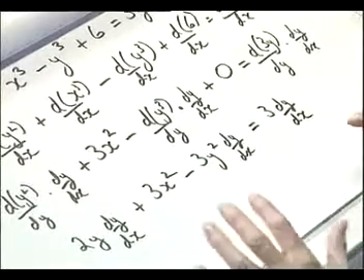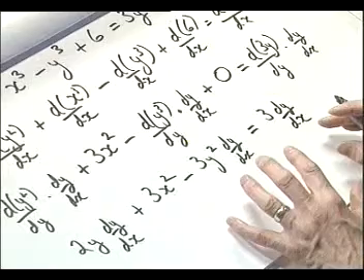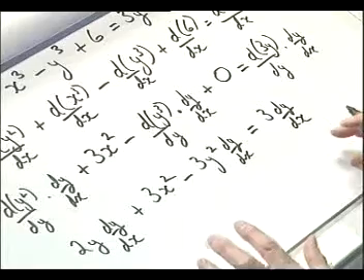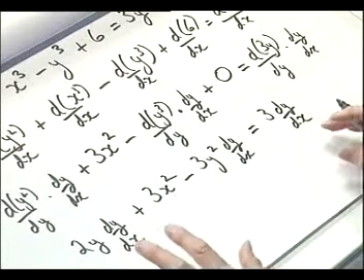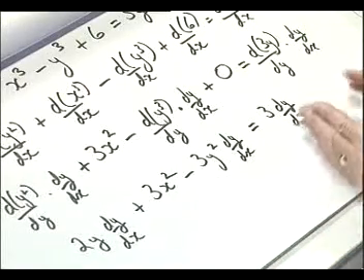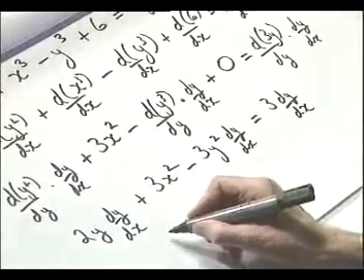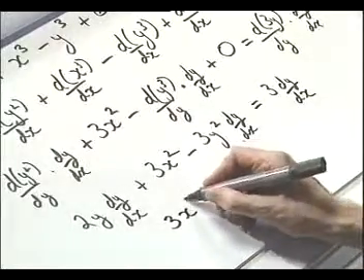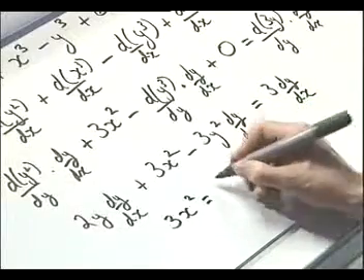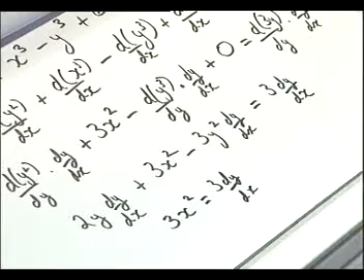Now, if we get together all the terms that have a dy by dx in them, then, having done that, we can sort out what dy by dx actually is. So, I'm going to gather together all the terms in dy by dx over on this side of the equation, so I can keep that 3x squared there on its own. So I'll have 3x squared equals, now here on this side I've got 3 dy by dx.